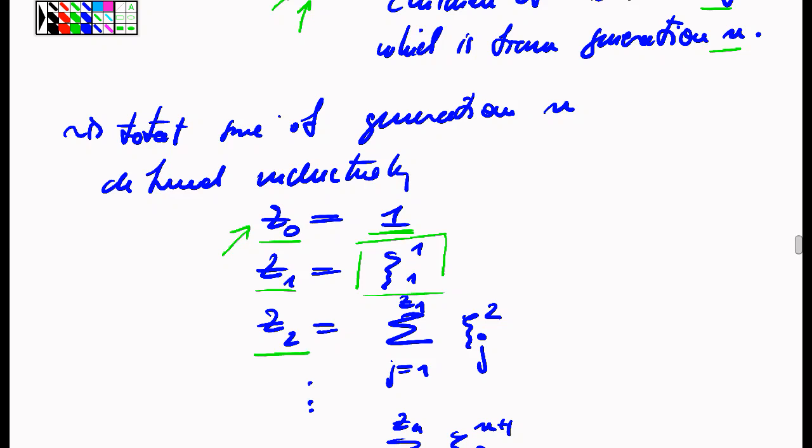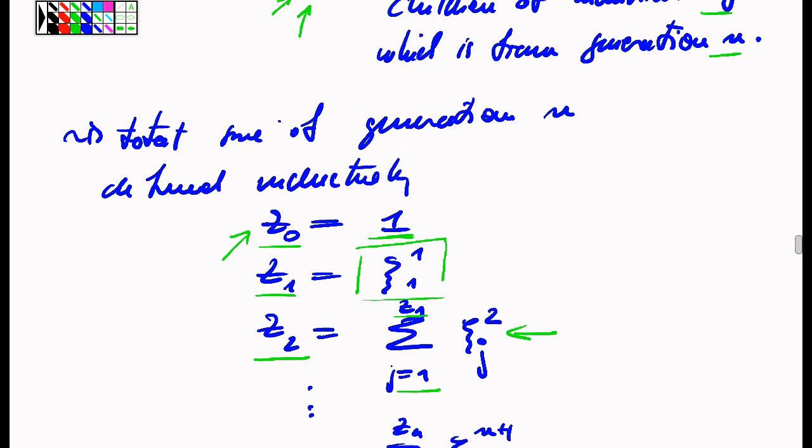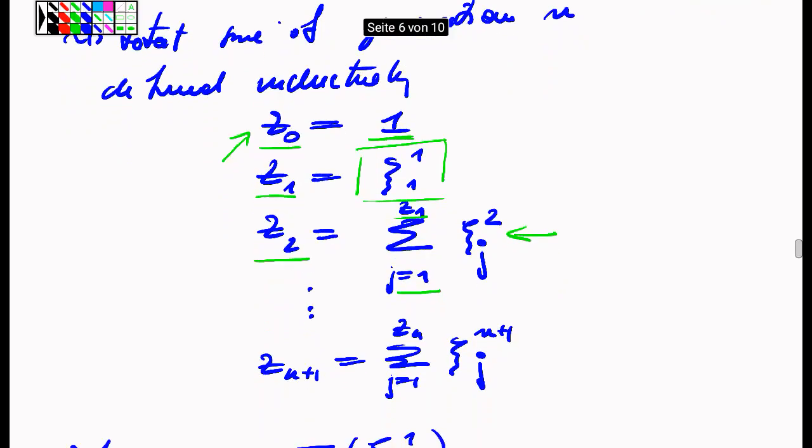Now, the number of members of generation 2 is given by summing over all members of generation 1 the number of children that each of those generation 1 individuals has generated. And each of those numbers is given by the random variables psi j 2.